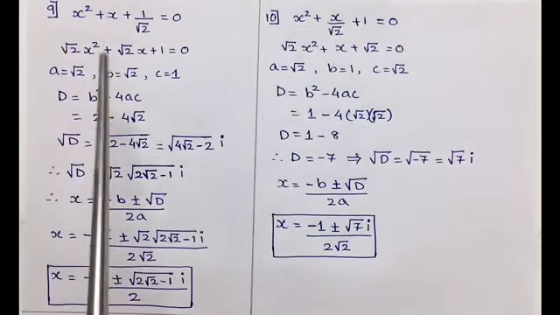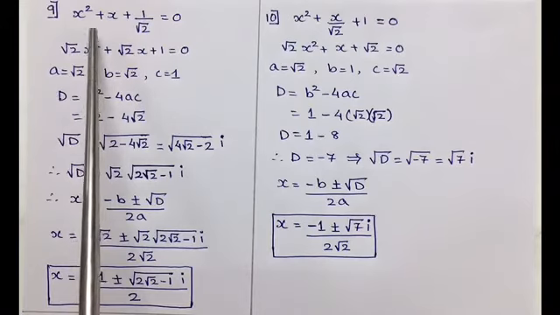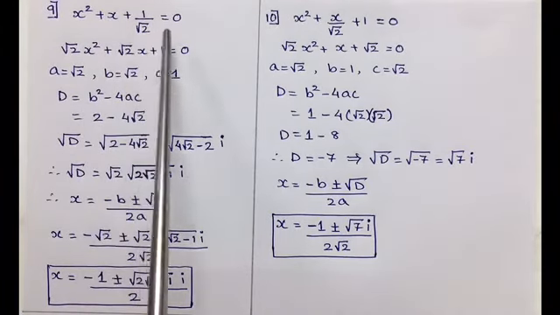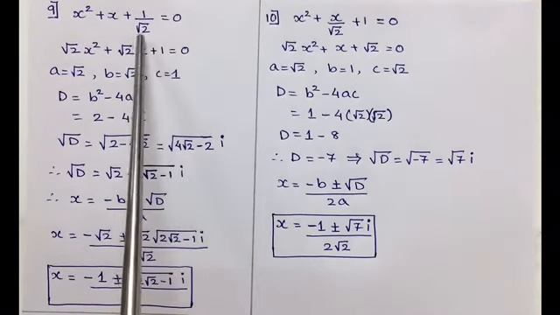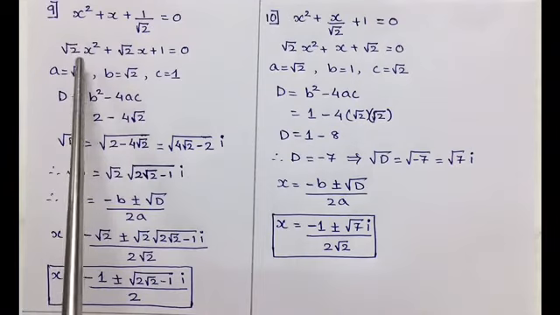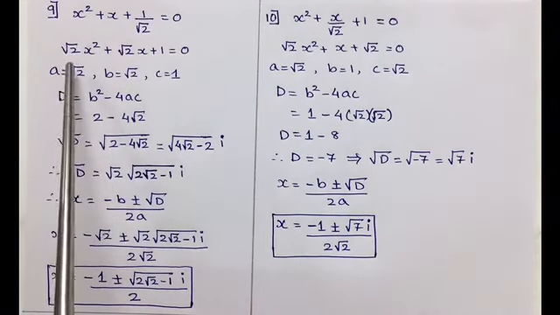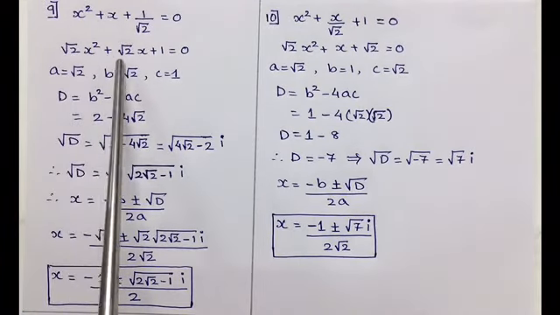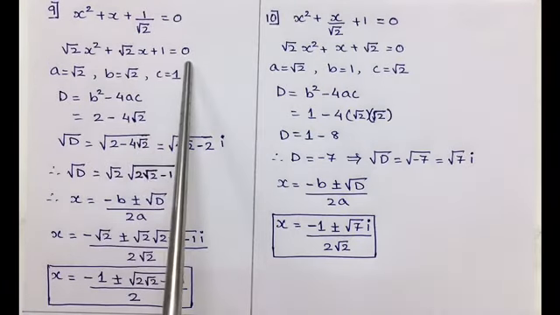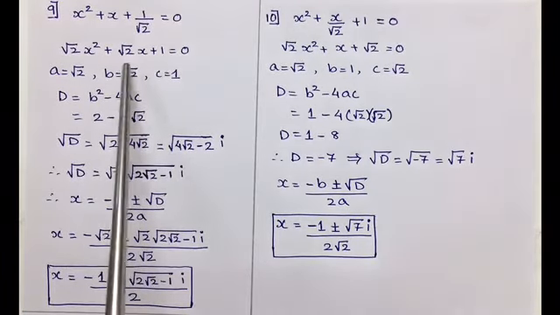9th one, the equation is x square plus x plus 1 upon root 2 equal to 0. Now the very first step will be taking up the LCM. So after taking the LCM, it becomes root 2x square plus root 2x plus 1 equal to 0 whole divided by root 2.